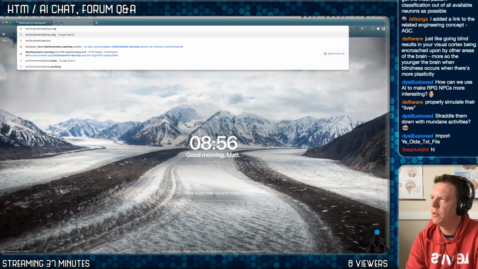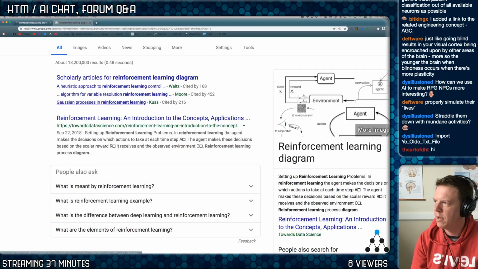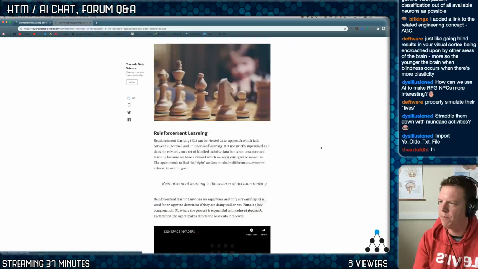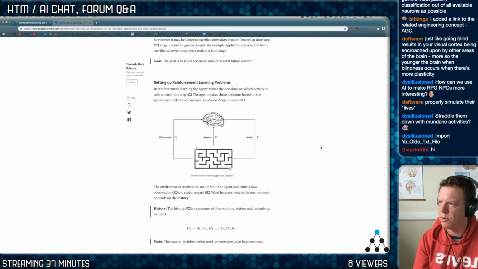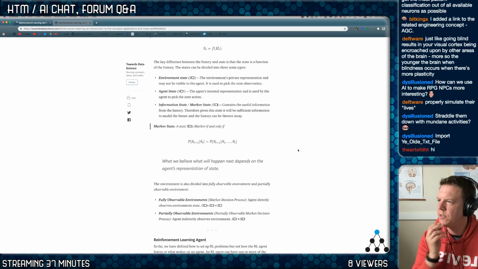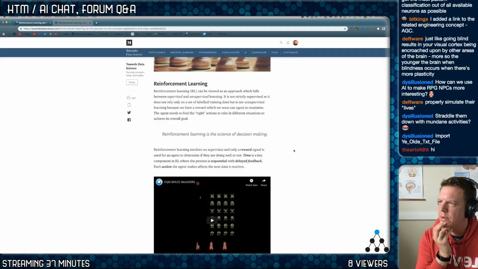I want to look at a diagram. I have to see a diagram of anything. An introduction to concepts and applications. I want to see where the deep learning network is in this system. I think they're in encoders and decoders, right? Or no, that was for transformers. All right, let me start from the beginning.